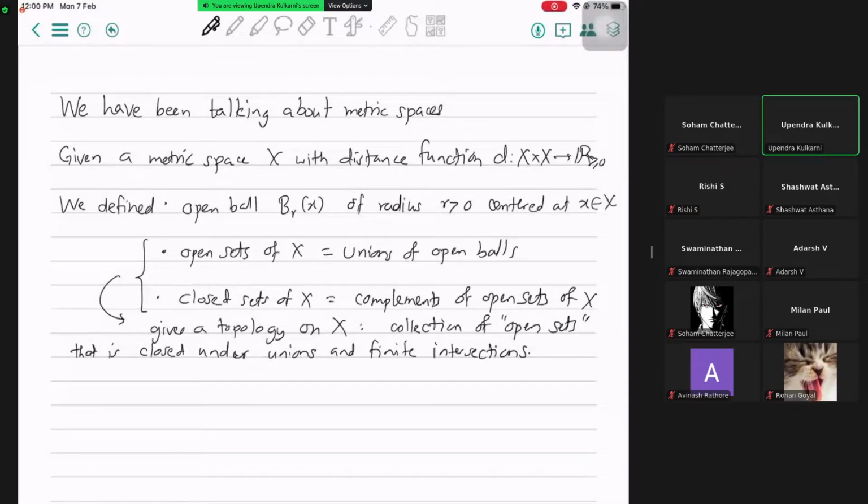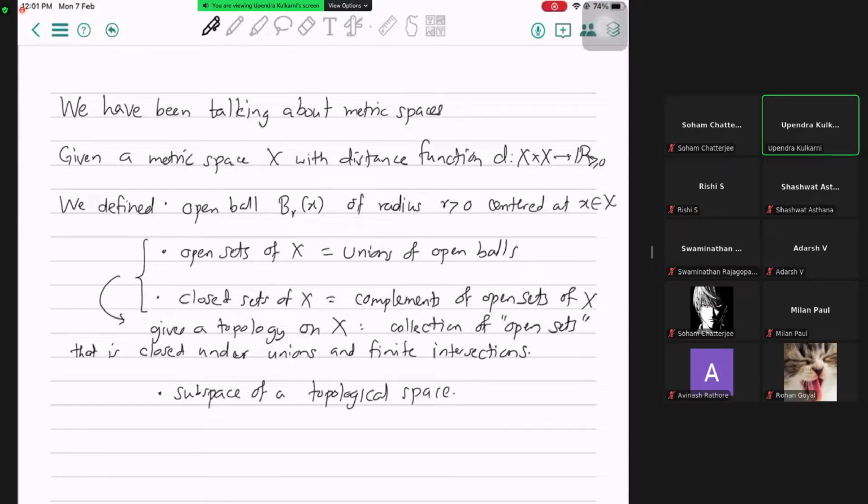We also defined a subspace of a topological space. So this was yet another exercise that I asked you to do.